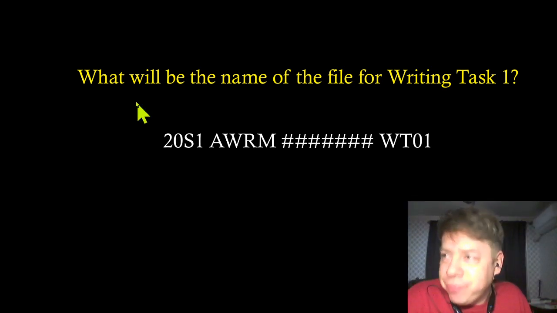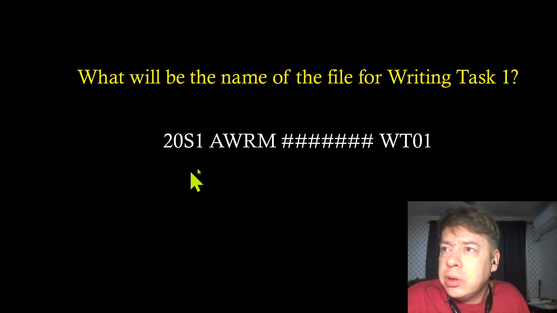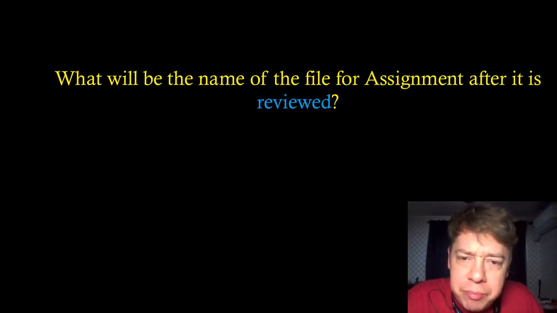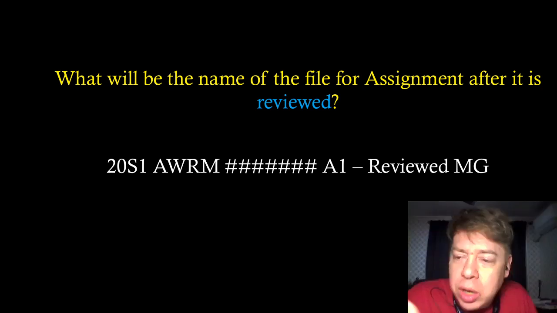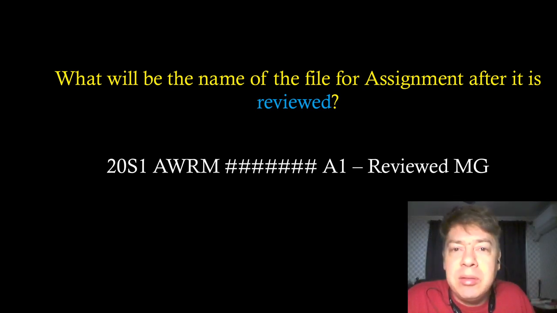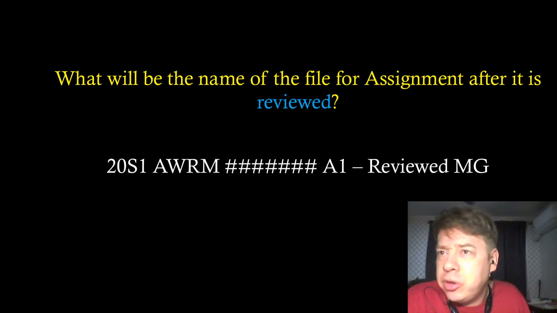What if in the communication you're having with a professor the assignment was being reviewed and you got it handed back? What would the file name be then? Well, then the professor or the reviewer should change the file name so that it shows it's been reviewed, and maybe the initials of the person who reviewed it. In this case, it's my initials.